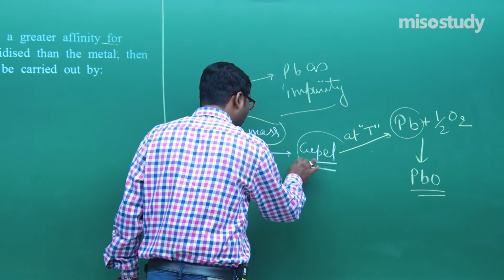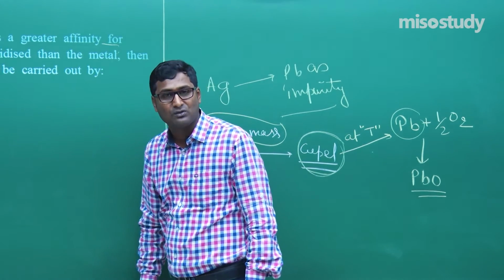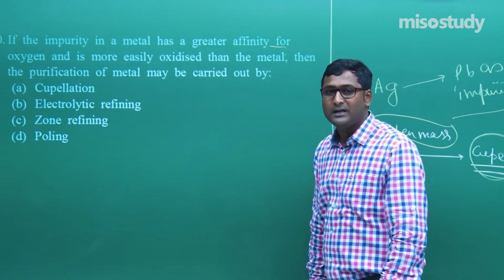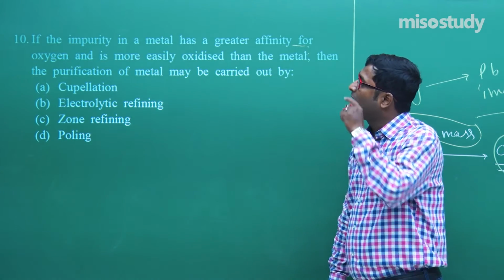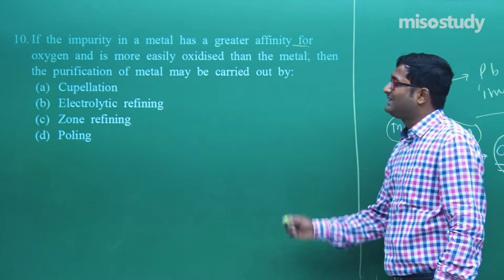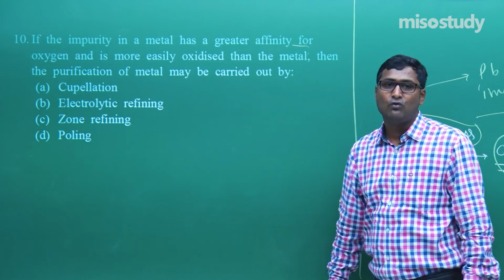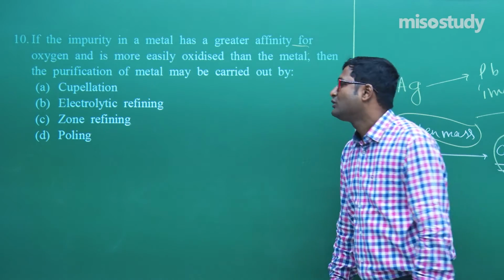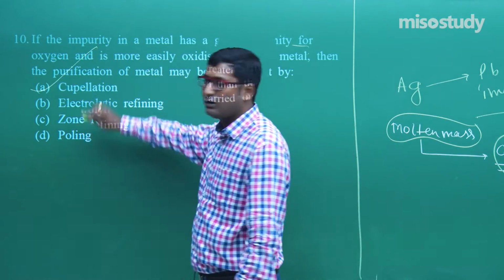We use a cupel, and the process is known as the cupellation process. If the impurity has more affinity for oxygen, then the cupellation method is the best method for the removal of such impurities, for example Pb. So for question number 10, A is the correct option.